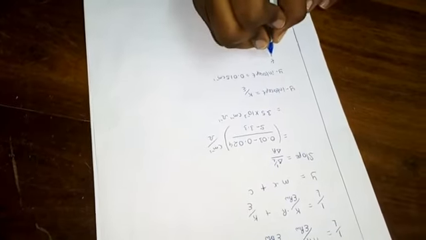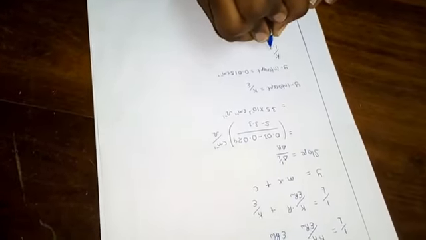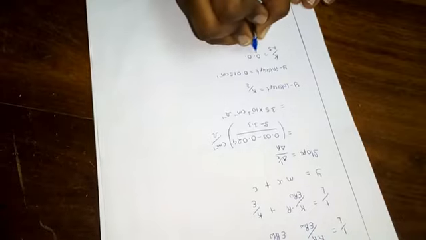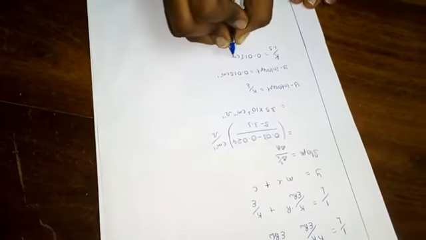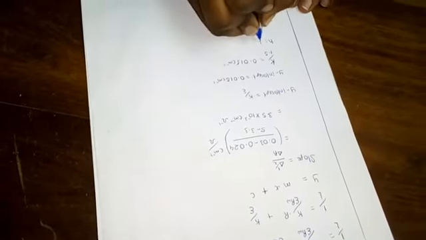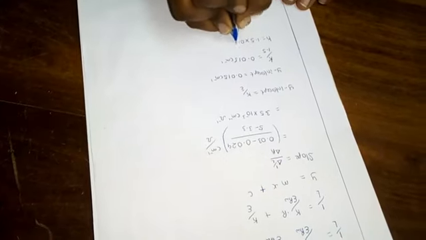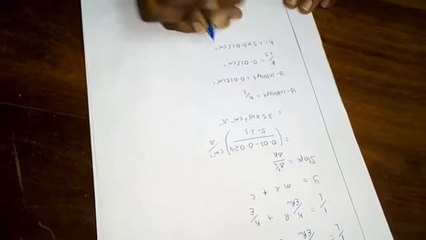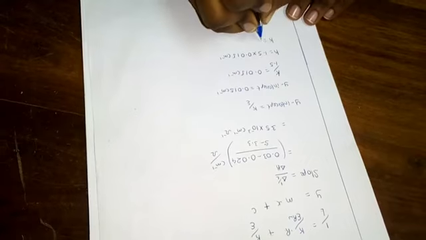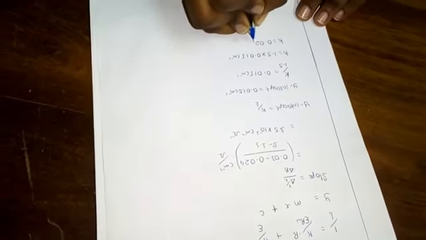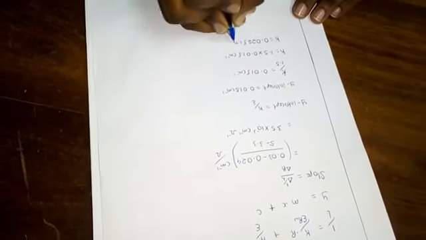Therefore, K over E, with E being 1.5, equals 0.015. K will equal 1.5 times 0.015 centimeter inverse. K equals 0.0225 centimeter to the power negative 1.